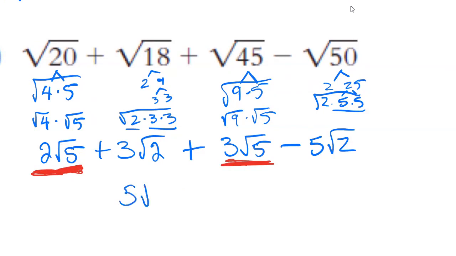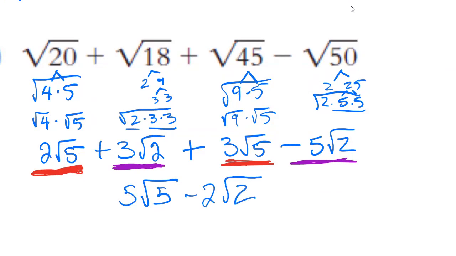And I keep my root and index and radicand the same. And then I see I can combine 3 root 2 and minus 5 root 2. 3 take away 5 is negative 2. So this is going to be minus 2. And the root and my radicand and my index, all the same, stays right there, 2.